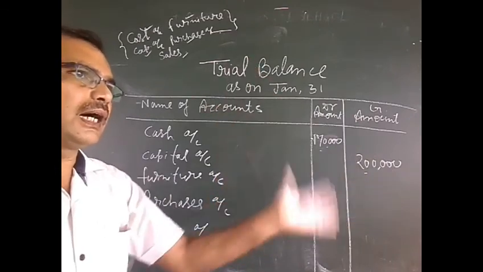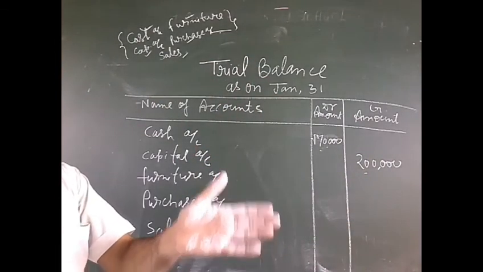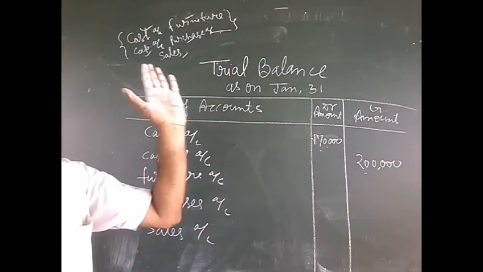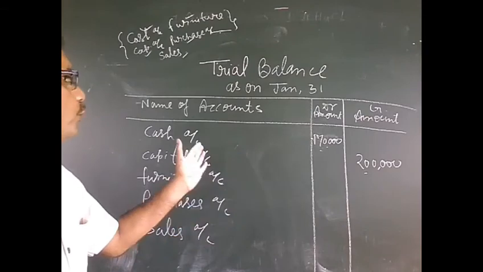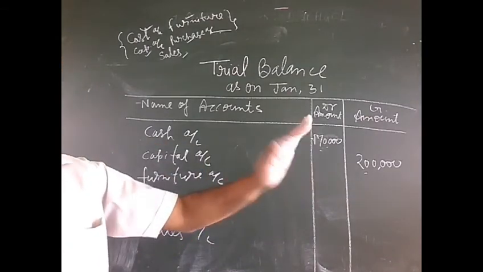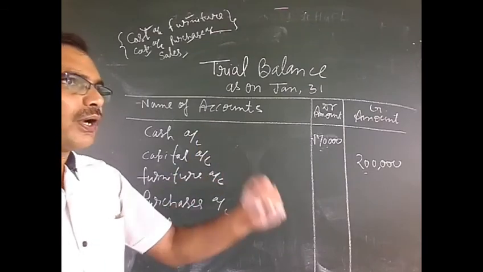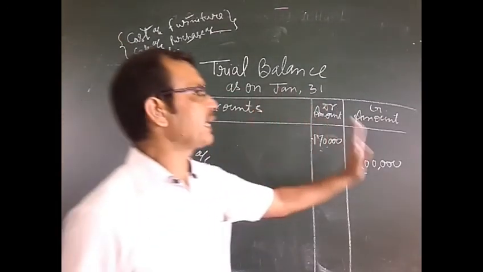And on the other hand, if we see the balance brought down, the balance brought down was written in the credit side. At that time, you will see it as it is. If the balances brought down came in the credit side, you will write in the credit side.